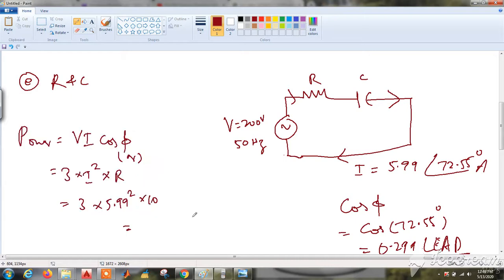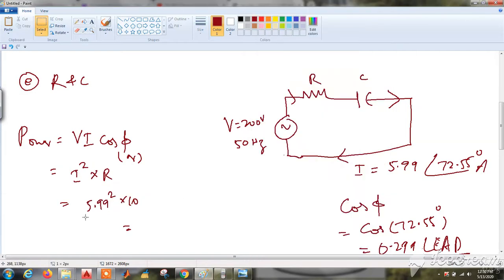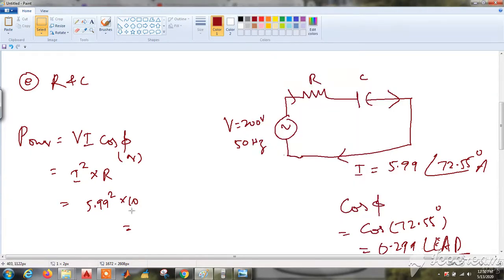Now coming to power, we know that power can be calculated either by VI cos phi or I square R. 5.99 whole square into R, that is 10 ohms, we'll get 358.81 watts.